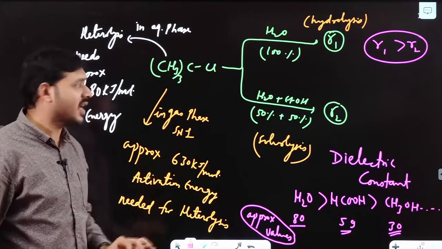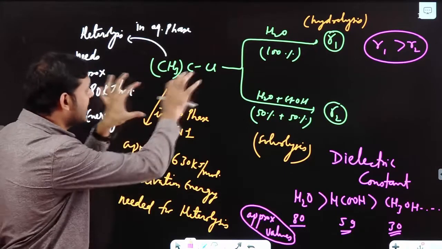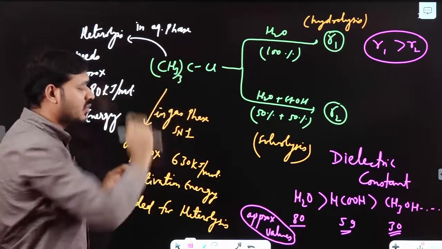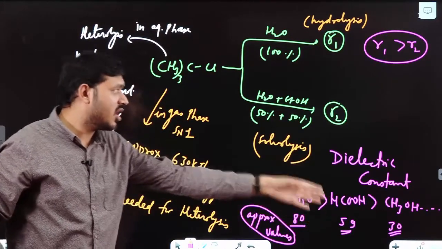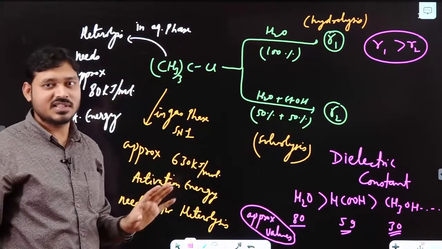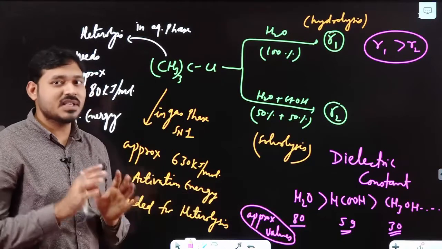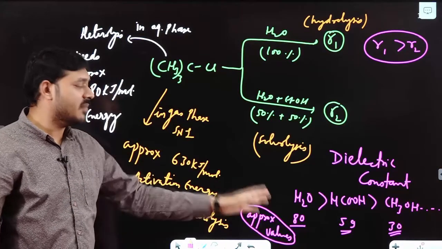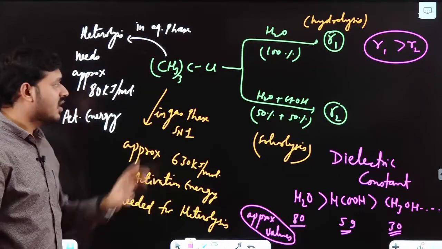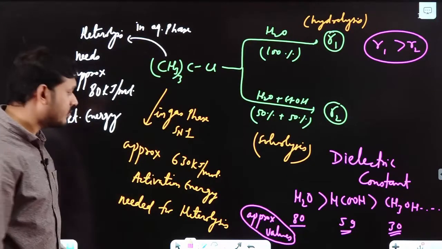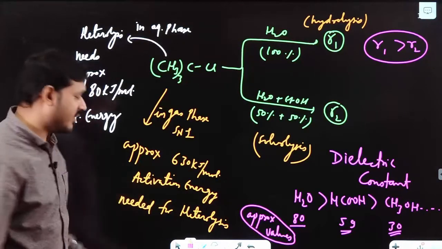Water has maximum tendency to interact with these two, as compared with formic acid, ethanol or methanol. So among all the polar protic solvents, water behaves as the best solvent and will have the highest rate. Clear to you? I think you have understood the role of solvent. Now here you can write one more point: polar protic solvent favors SN1.